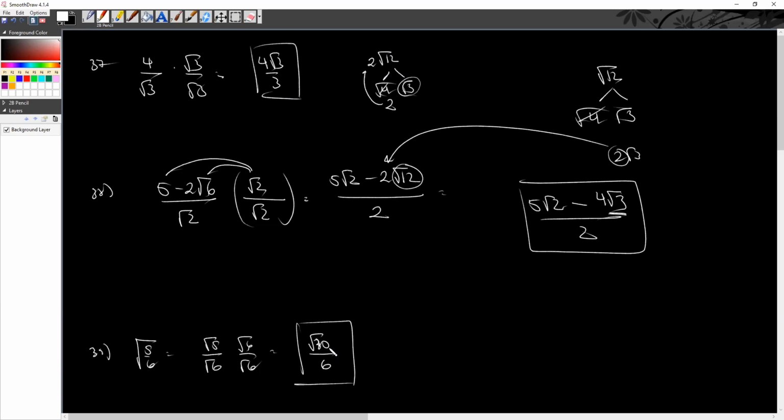Costco, talk to me. 54. Each interior angle of a regular polygon is 162. The formula for the interior angle of a polygon is n minus 2 times 180 over n, and that's going to be 162. Cross multiply: n minus 2 times 180 equals 162n.